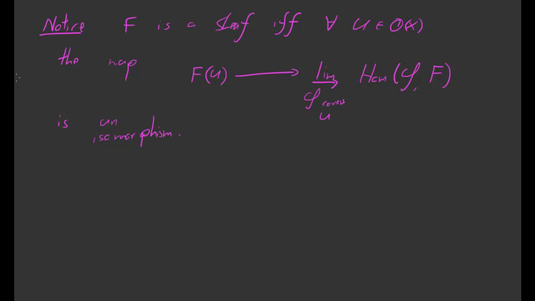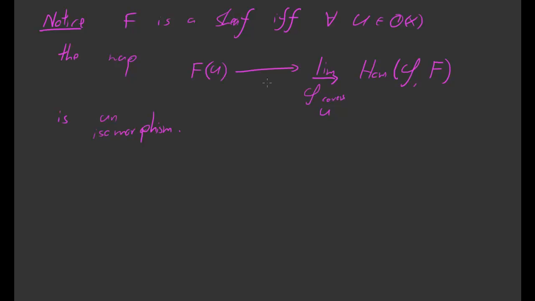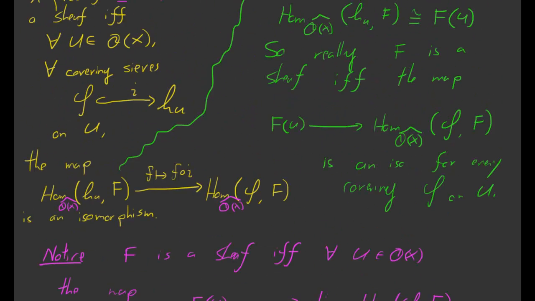Okay, so let me back up for a minute and say where this thing comes from. Maybe I'll post a detailed video doing this more formally, but let me say intuitively where this comes from.